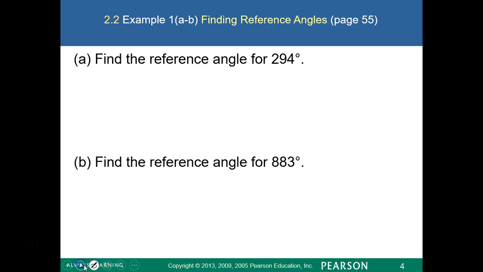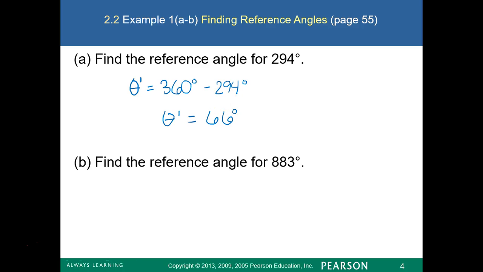So let's do that. Reference angle, always denote it with that little symbol like this. So 360 degrees minus our given angle, 294 degrees. So our reference angle is equal to 66 degrees. And that's it. That's it on finding reference angles.